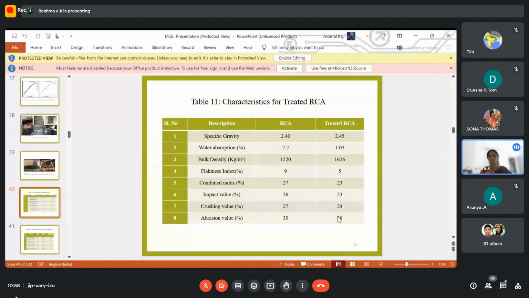That is because originally, due to the processing techniques, the weaknesses and flaws in RCA will be more. When you have a cement slurry coating around each aggregate, it acts as a protective layer, so that may be the reason it is increased.